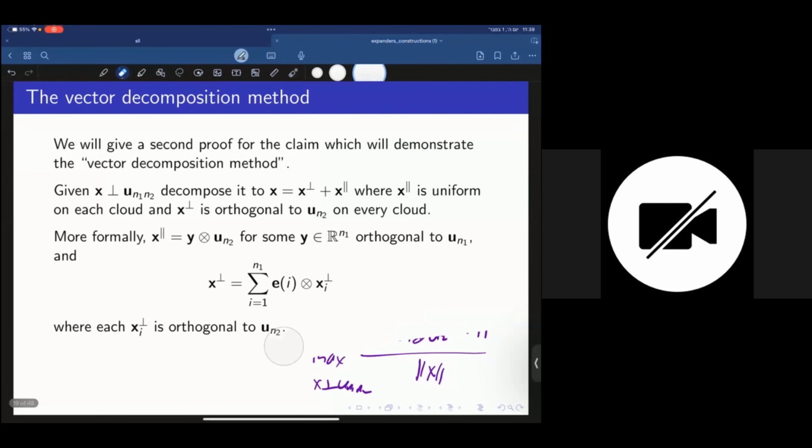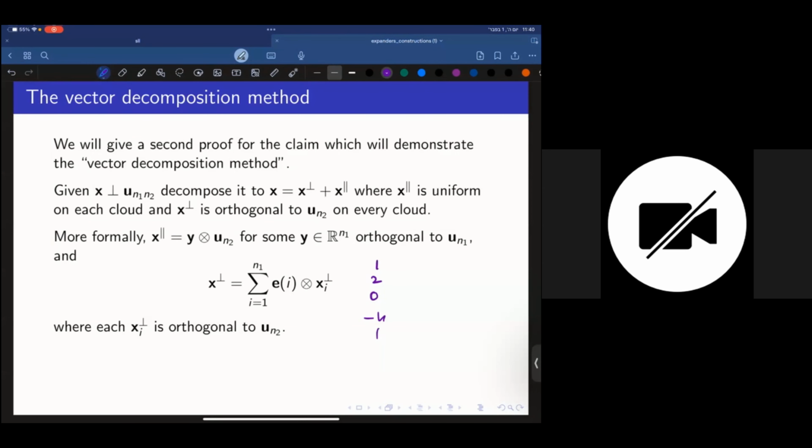Let me just erase this thing for a second. Let's give an example, that's the easiest way. Maybe you have some vector 1 2 0. Now I need the -4 1, or maybe 2 0 2 1.